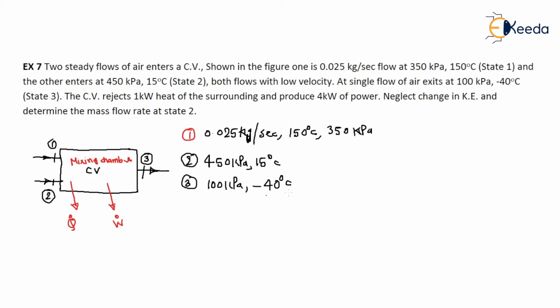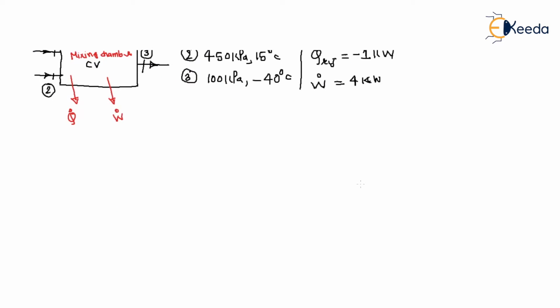The heat rejection is given as minus 1 kilowatt, and the work developed by the system is 4 kilowatt. So all this data is given according to the question.